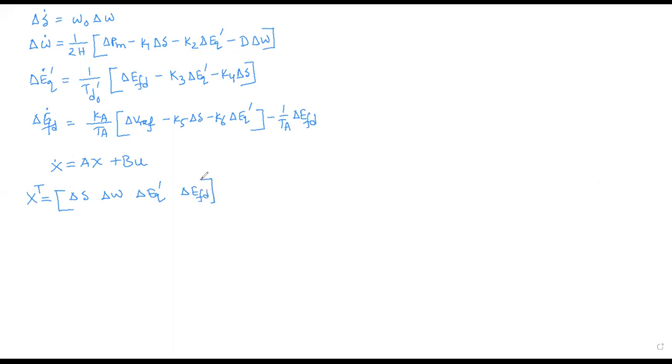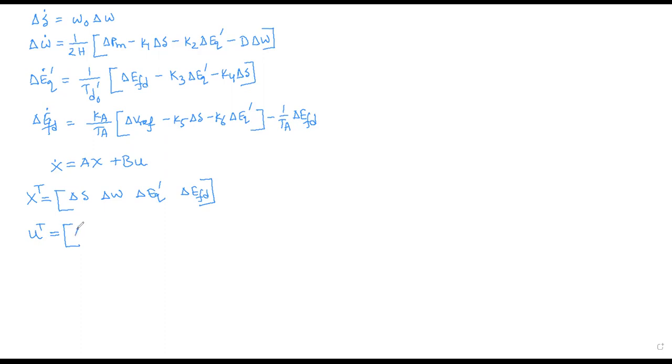Remember in our previous derivation, del EFD was not part of the state variable, rather del EFD was part of the input u, but now it has become part of the state variable. So u transpose would be simply, what would be u?